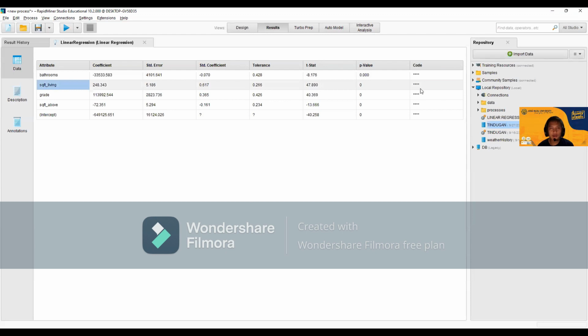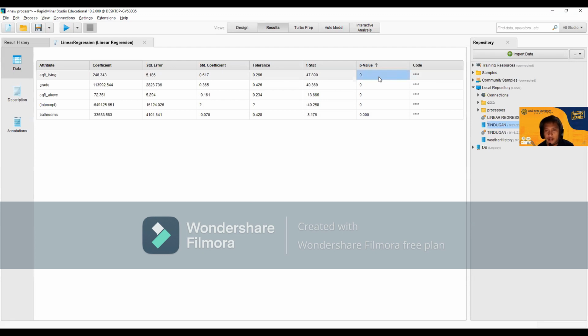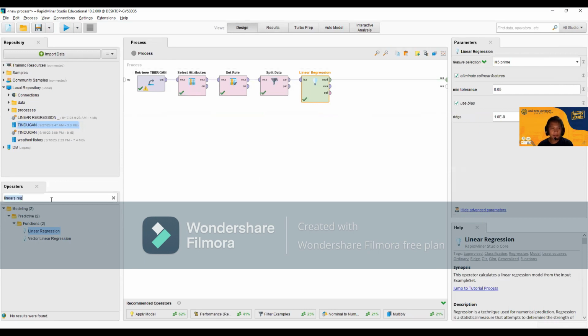Also the square foot living has four asterisks here, also the grade, square foot above and so on. For the p-value here, according to our instruction, if it is 0.0, there is a good relationship with my independent variable.